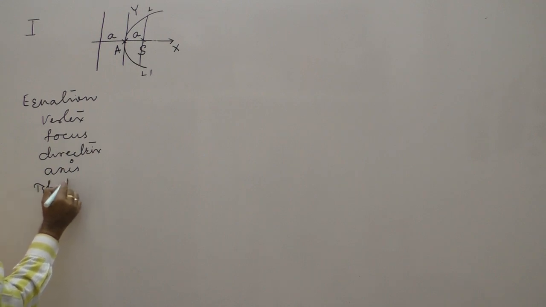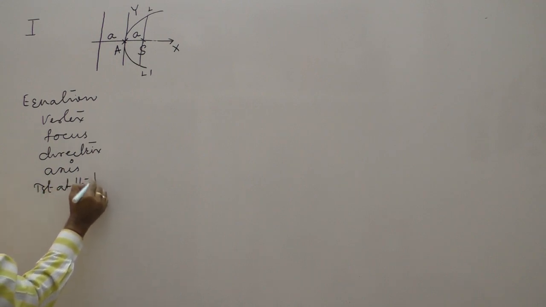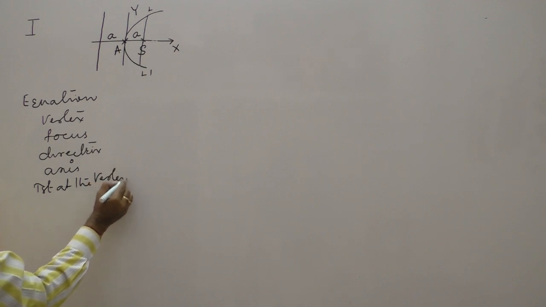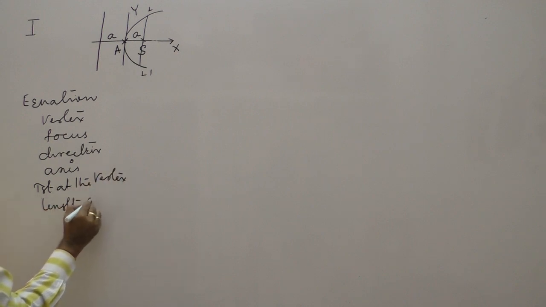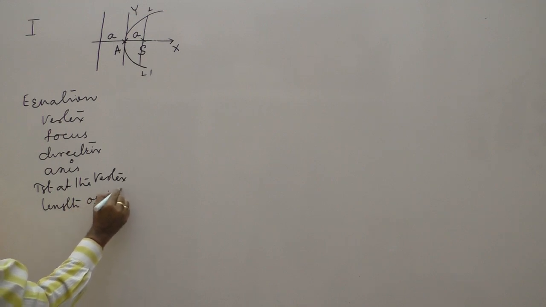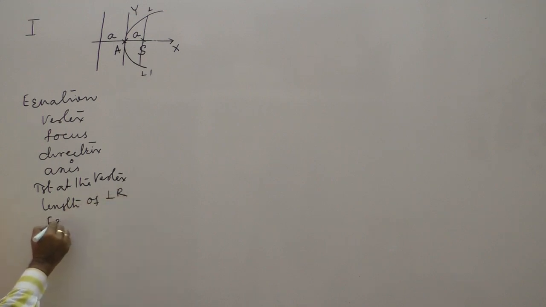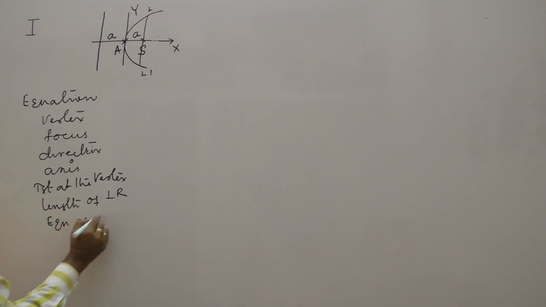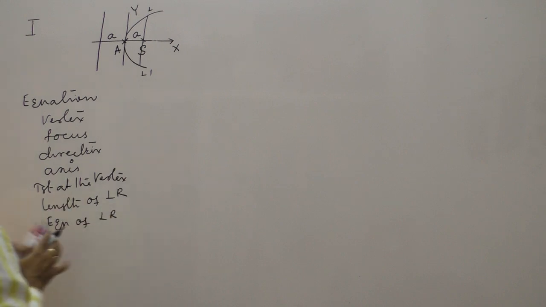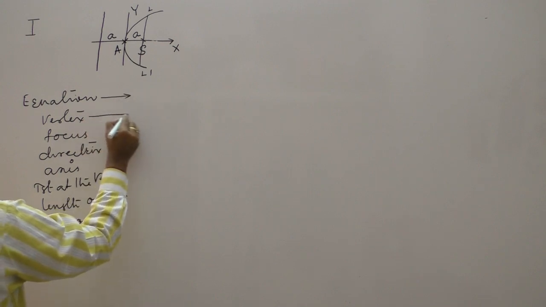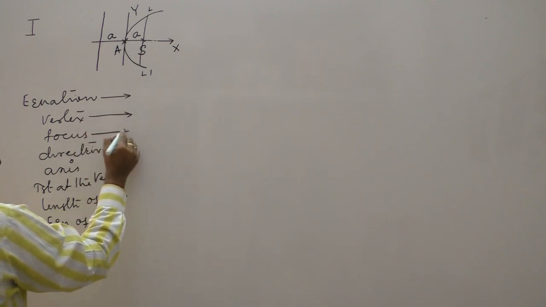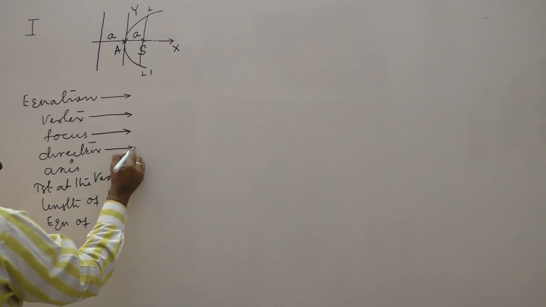Next, the tangent at the vertex, then the length of the latus rectum, and then the equation of the latus rectum. So we know all the details of this. I will write here. These various forms are very important.